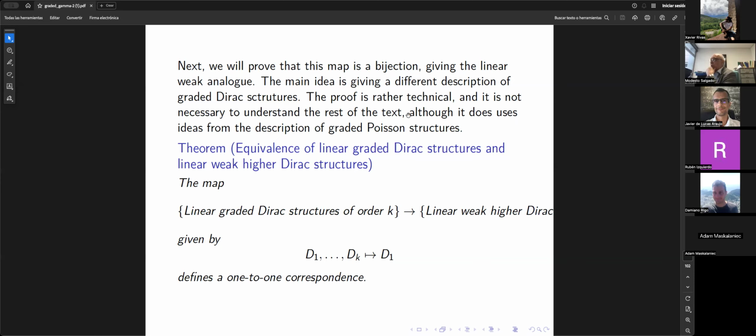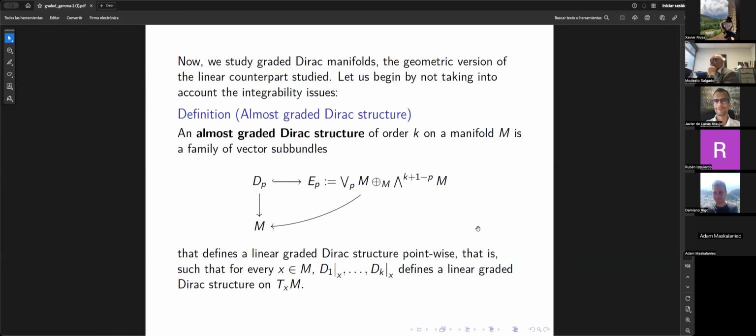But to prove this, we need to give equivalent notions of graded Dirac structures, equivalent descriptions. So this is a technical thing, and we can prove that indeed linear graded Dirac structures of the K are equivalent to this corresponding one-to-one.